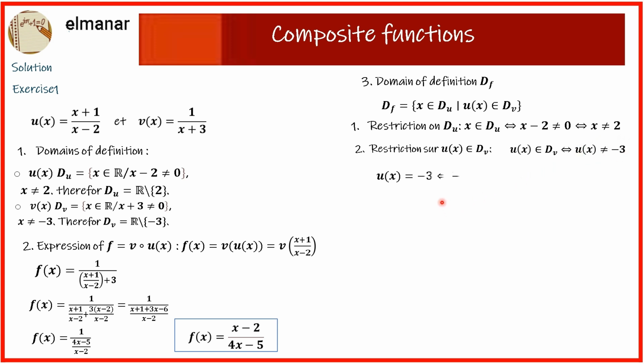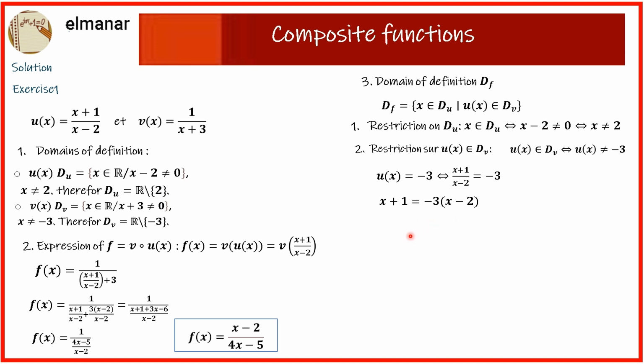Let us check the second condition. U of x equal to minus 3 means that the quotient of x plus 1 by x minus 2 is equal to minus 3. Since x is different from 2, we can multiply both sides by x minus 2.